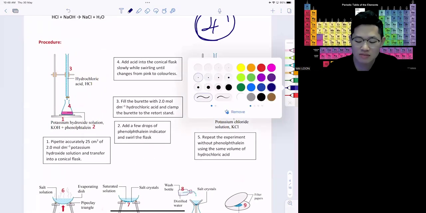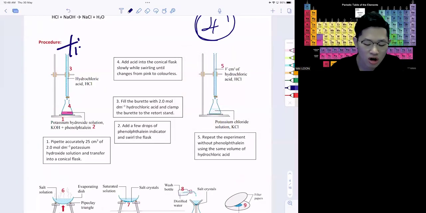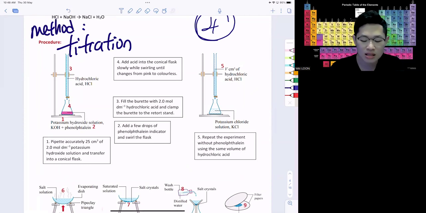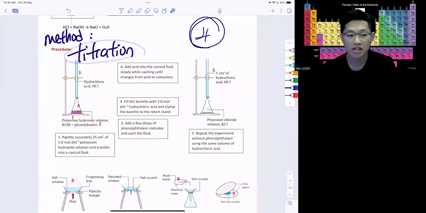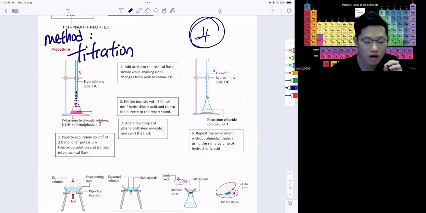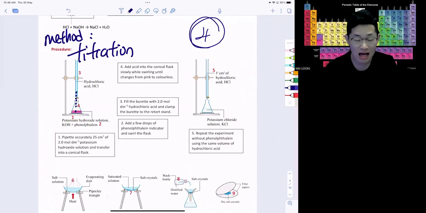We are using this method called titration. That means we don't just simply add acid into the alkali solution. We have to use this apparatus and add the acid drop by drop into the alkali solution until it is completely neutralized.